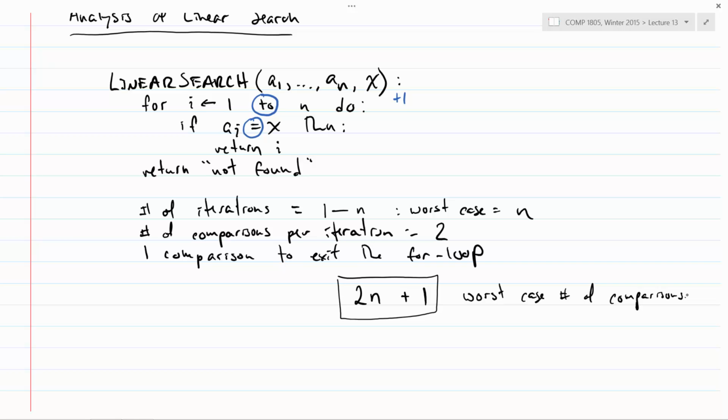And we can return right away. We don't need that last comparison because there's not another iteration of the for loop to go into. The worst case describes what happens when you compare to everything in the for loop and you need that last comparison to exit it because it's not there. That's the absolute worst thing that could happen. The best thing that could happen would be 2 comparisons.